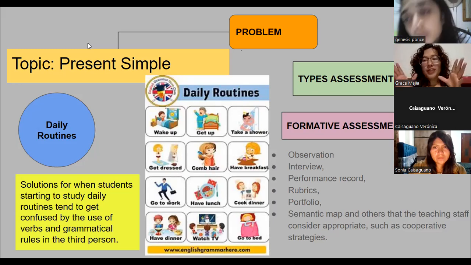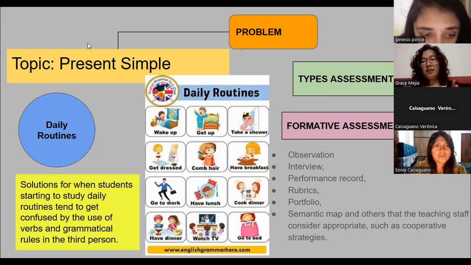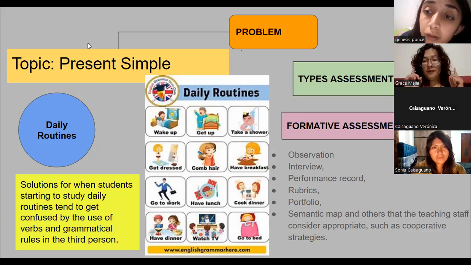And you say, okay, look at this video, and the next time you are going to do this activity in mimic. And in this part, you can apply the formative assessment because you can evaluate whether the students pay attention to the video. That is a good point. You have to apply different methodologies, and you apply the formative assessment and evaluate in the class. That is the good option for a formative assessment.